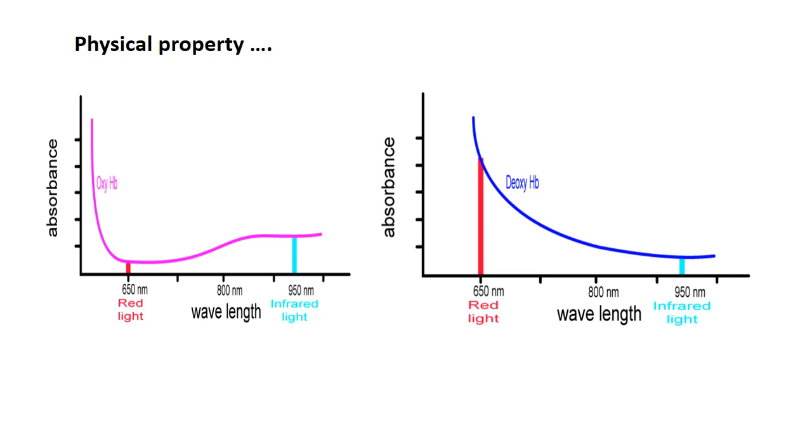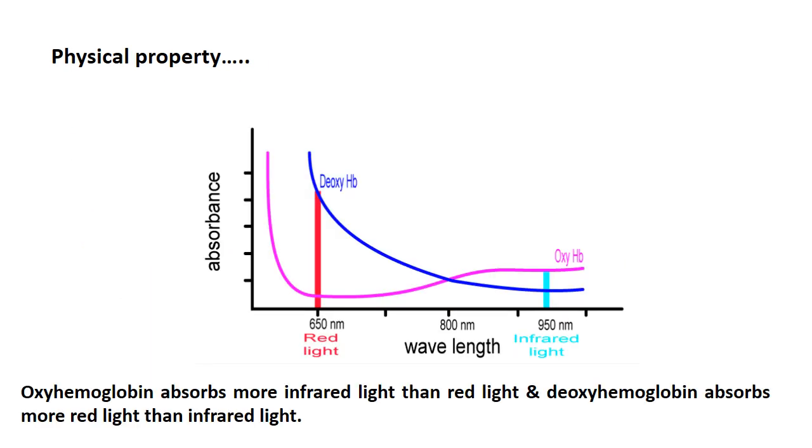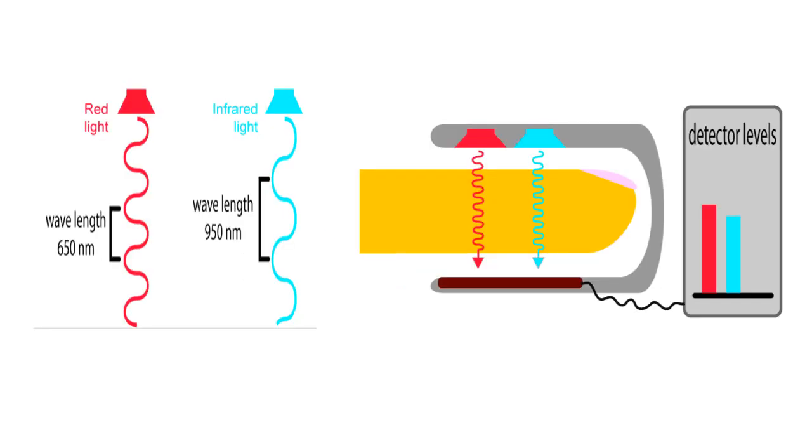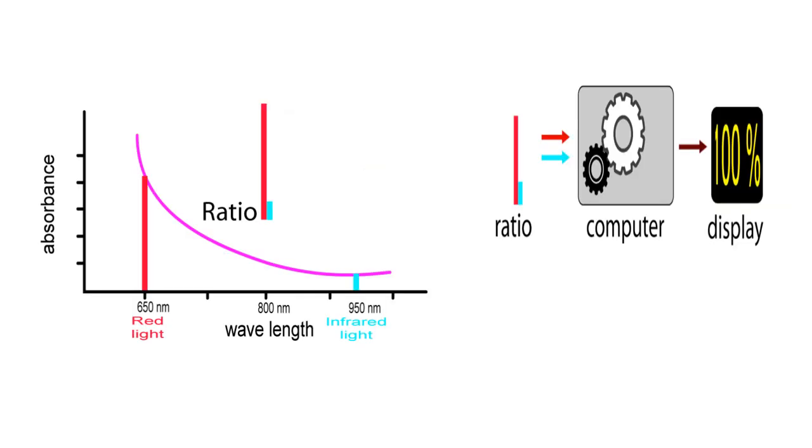In the deoxyhemoglobin graph, it is just the opposite: there is more absorption of red light compared to infrared. Hence, oxyhemoglobin absorbs more infrared light, so there is less transmission of infrared light than red light. And deoxyhemoglobin absorbs more red light, meaning less transmission of red light than infrared light. So two types of light, red light and infrared light, are used. Now, how will we calculate it?